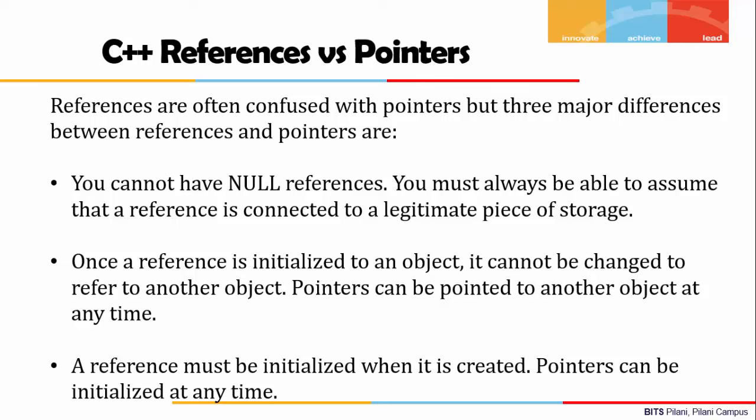Once it is initialized, it cannot be changed, and it can be initialized only when it is declared. Due to these points, references are also safer and easier to use. Safer because they must always be initialized, and easier to use as they don't need a dereferencing operator to access the value. They can be used like normal variables.